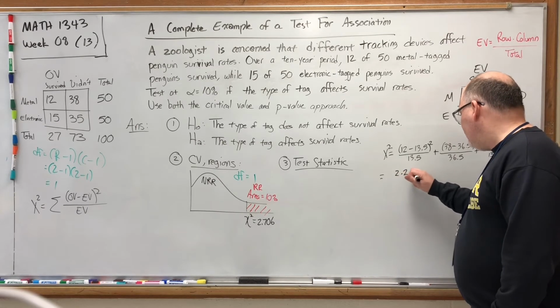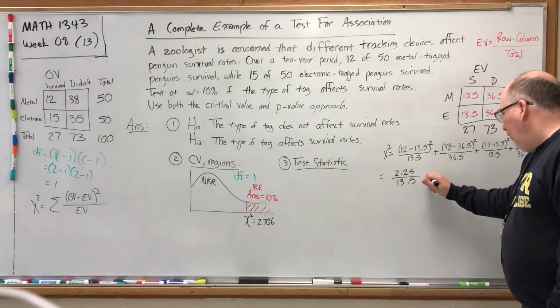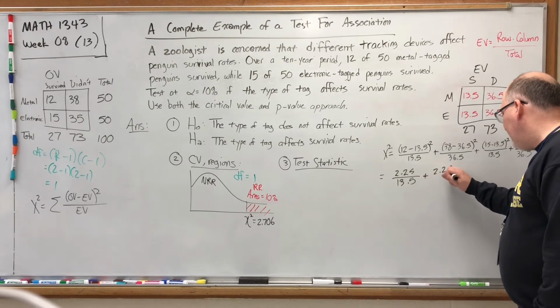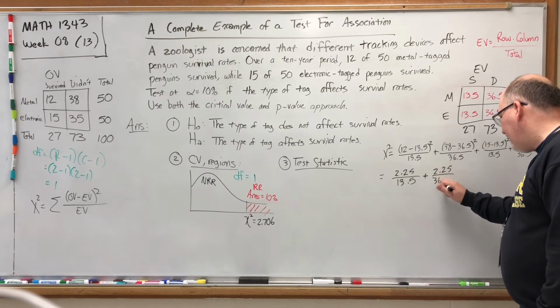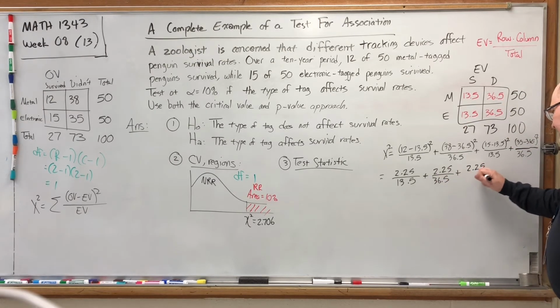So 2.25 divided by 13.5 plus 2.25 divided by 36.5 plus 2.25 divided by 13.5 plus 2.25 divided by 36.5.